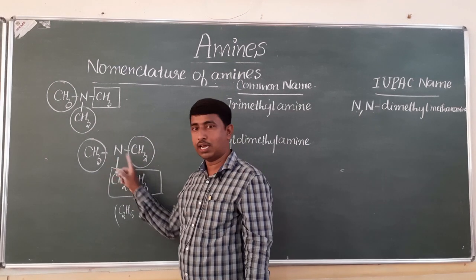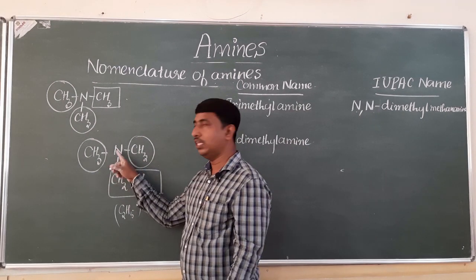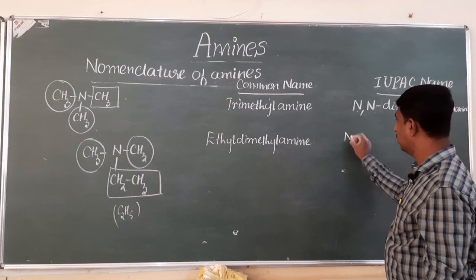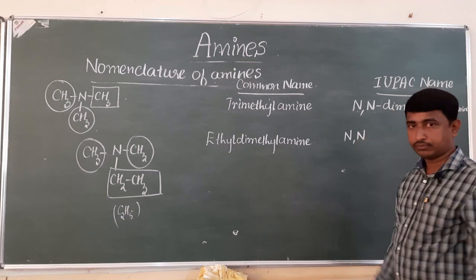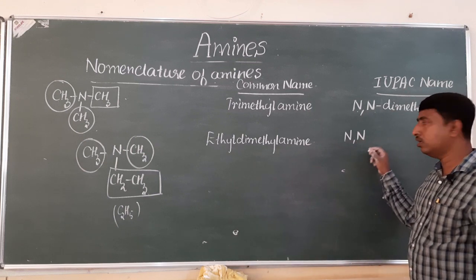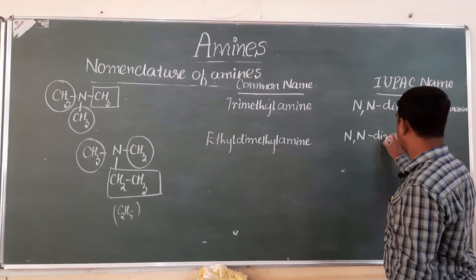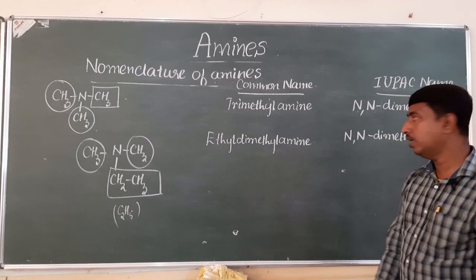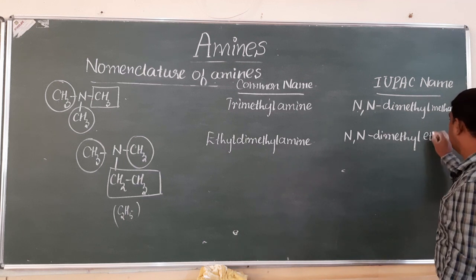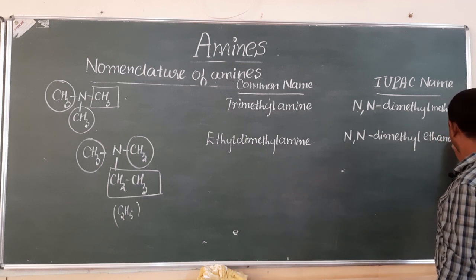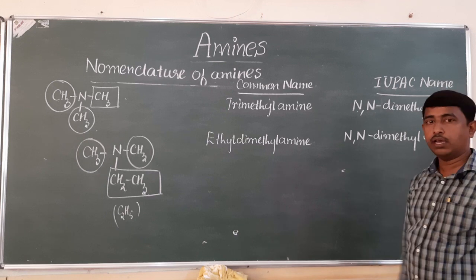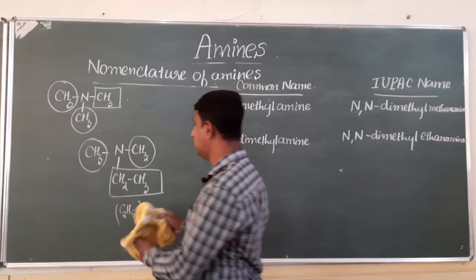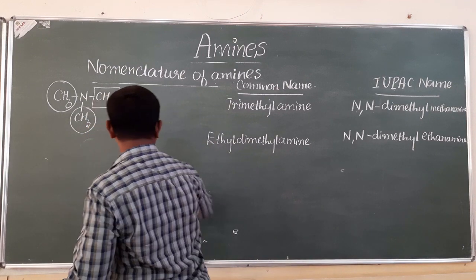Both substituent groups, the methyl groups, are present on nitrogen, so it is named N,N dimethyl. N,N dimethyl ethanamine. That is the IUPAC name. One more I can take.